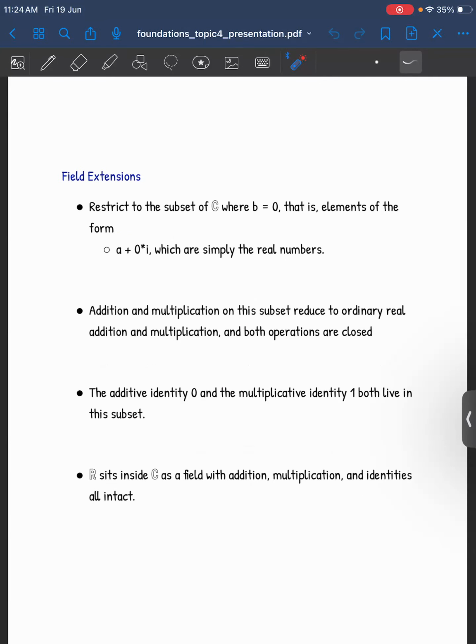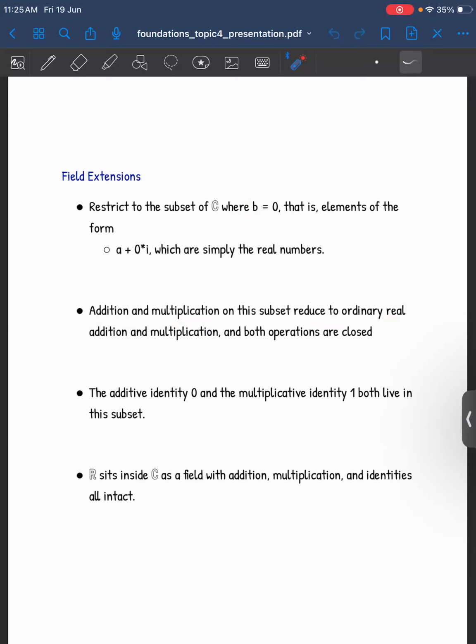From our construction, we know that if we look at the subset of complex numbers such that the coefficient of i, which we have denoted as an arbitrary element, is always zero, then we recover the set of real numbers. Moreover, the addition and multiplication on this subset reduce to the ordinary addition and multiplication over the set of real numbers, and both operations are closed.